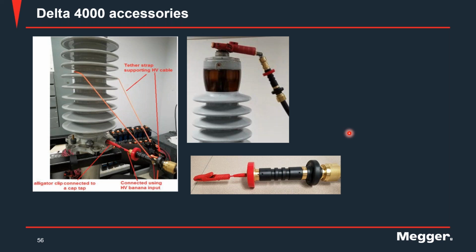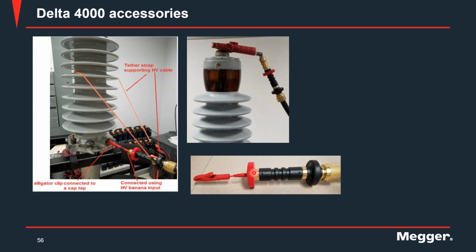We have made some design changes to the leads. What we have here is the high voltage clamp, for example. It has an adjustable jaw on it. It has a hinge. The hinge takes some pressure off of the clamp, so now the clamp doesn't get disconnected from the bushing under the weight of the cable.